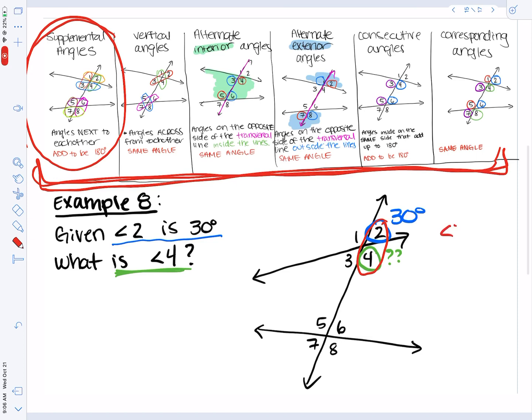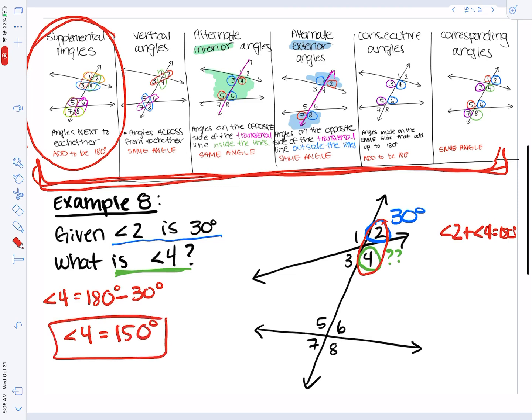So we know angle 2 plus angle 4 equals what? 180 degrees. So we have angle 4 equals 180 minus 30 degrees. What is 180 degrees minus 30 degrees? Angle 4 equals 150 degrees. That's my answer. And that's it.